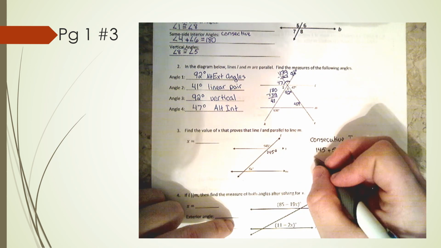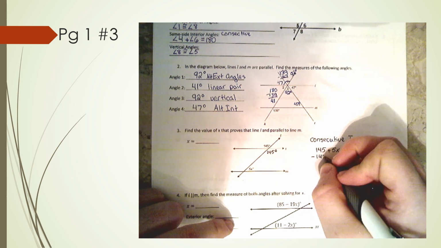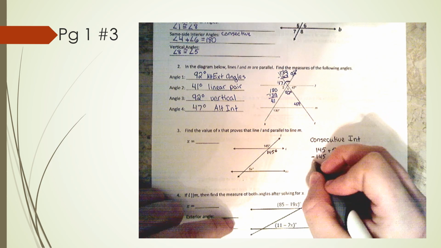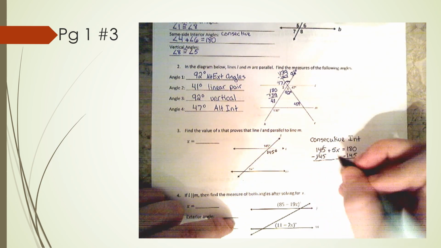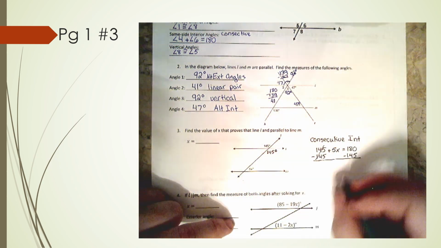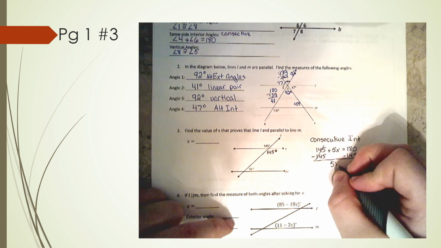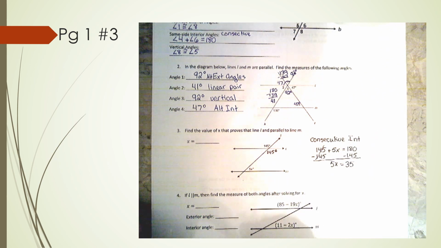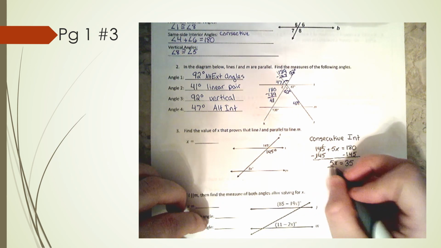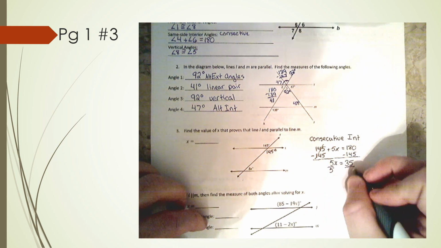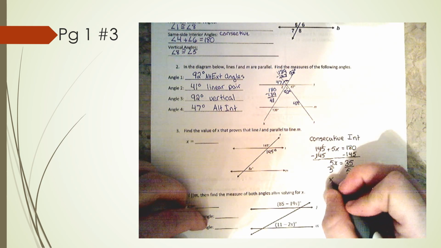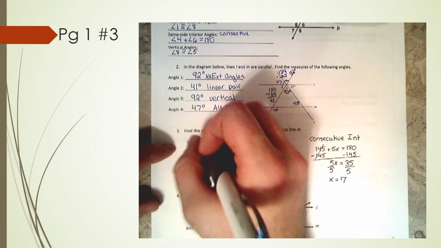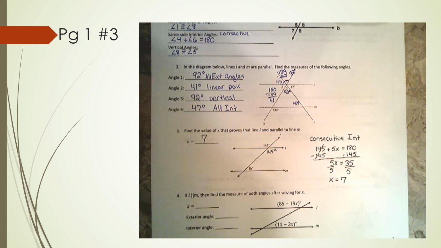So I am now going to subtract 145 from both sides. That's so it cancels out over here. And you have 5x equals 35. Divide by 5 now. And you get x equals 7. And they wanted us to solve for x.